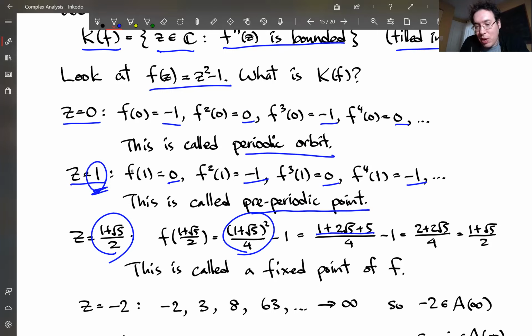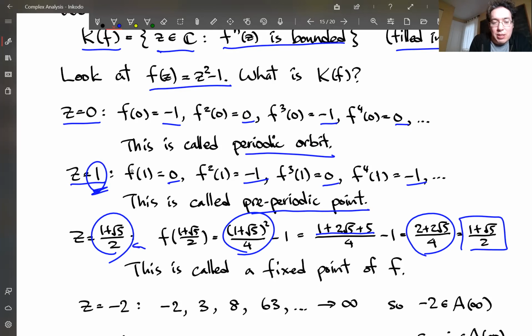And then if you subtract 1, or subtract 4 divided by 4, we get 2 plus 2 root 5 over 4, or if you reduce that, we get 1 plus square root of 5 over 2. This is exactly where we started. So instead of calling this a periodic point, because this is period 1, we usually call it a fixed point of f. When you plug it back in, you just get the same thing out.